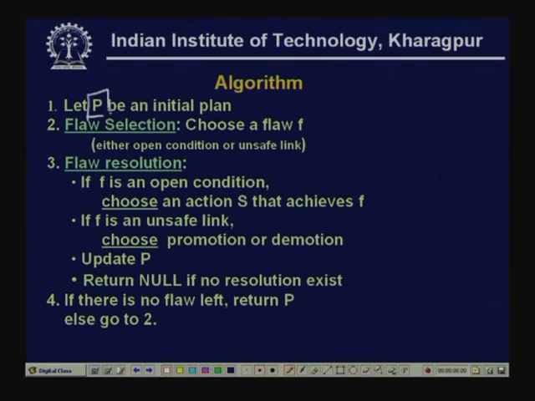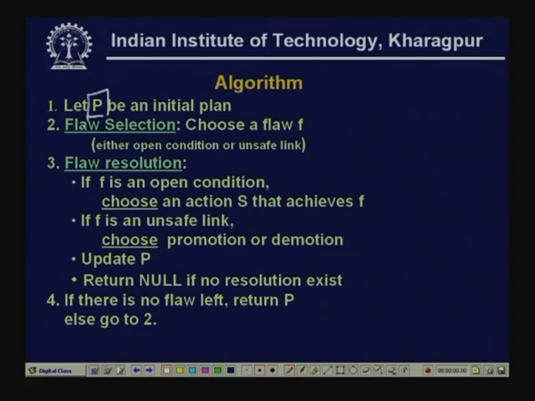So, P is a plan, we find out if P has a flaw. So, we choose a flaw F. The flaw could be an open precondition or it could be an unsafe link. A partial plan may have several flaws, and we choose one of them.